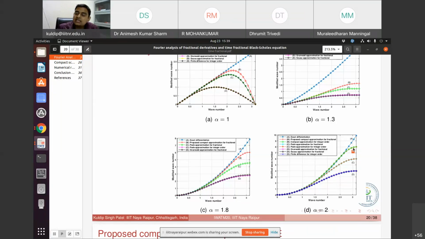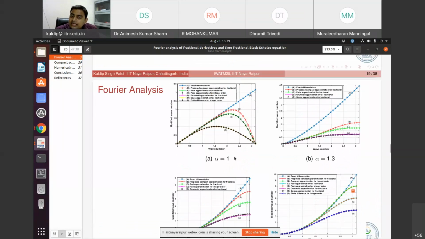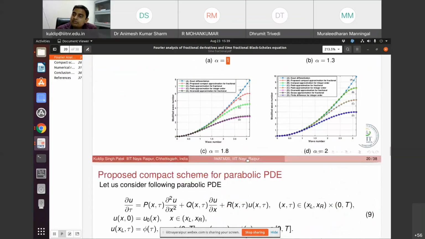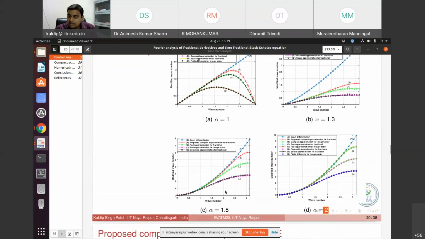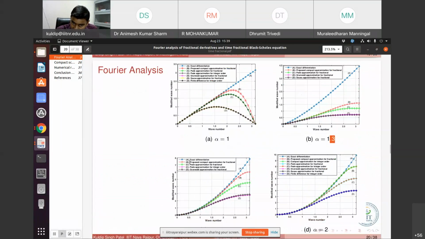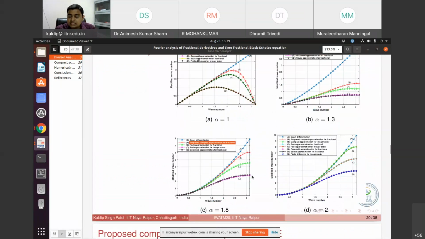So my point is that we have verified by taking the values alpha equals 1 and alpha equals 2, and for other values of alpha also, we have shown that this compact approximation C, this red one, I'm talking about figure C, is the topmost. It is most matching to the exact differentiation.